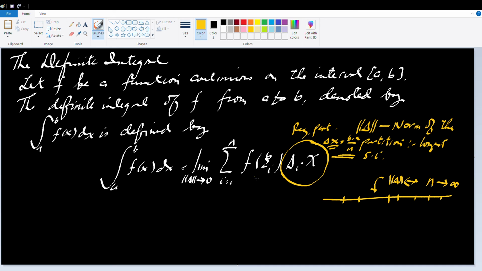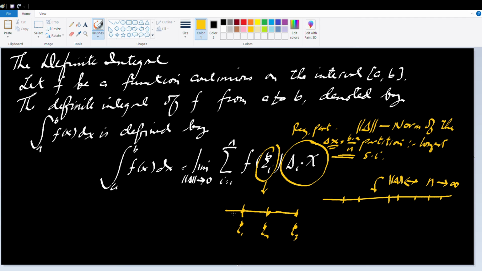And then for your f of c sub i, it's important that you define your c sub i. You can use any point in the interval, but it will be easier if you use, say, all the right endpoints as your c sub i: c sub 1, c sub 2, c sub 3.